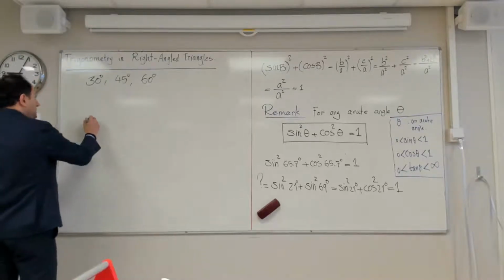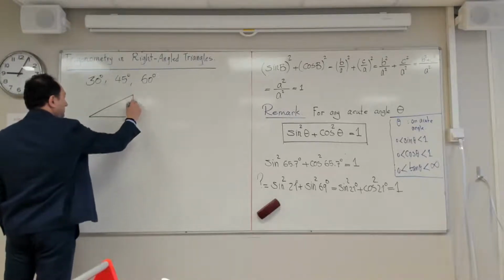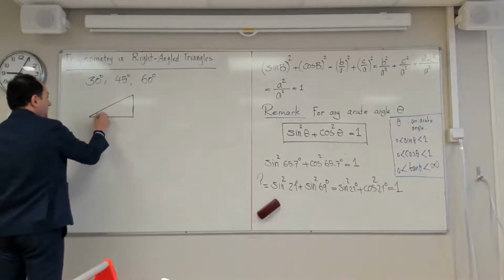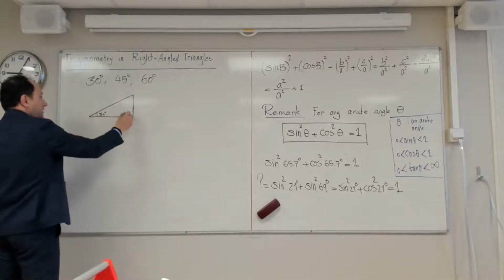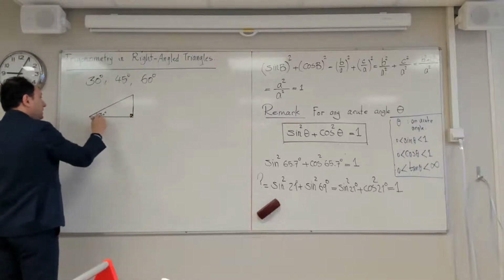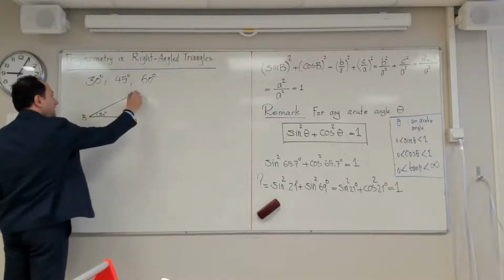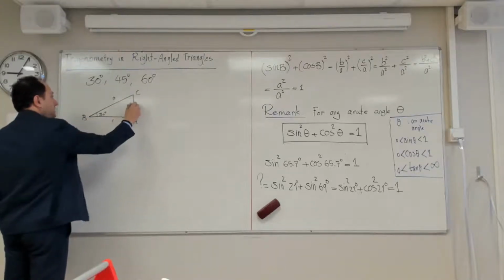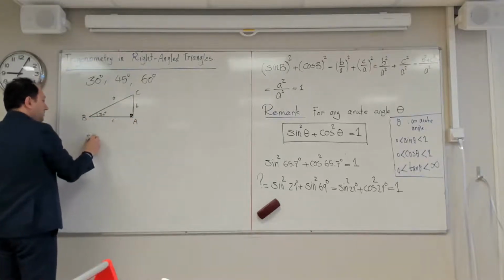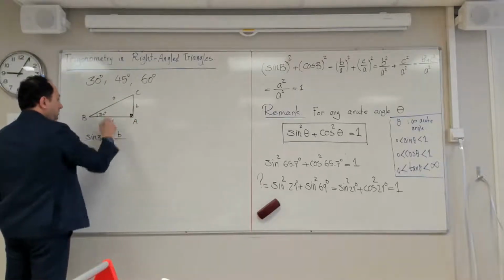So I draw a right angle triangle whose one of the acute angles is 30. Assume that this is your right angle triangle. If this is A, this is B, this is C, and I ask you what is sine of 30, you would say sine of 30 is equal to B divided by A.